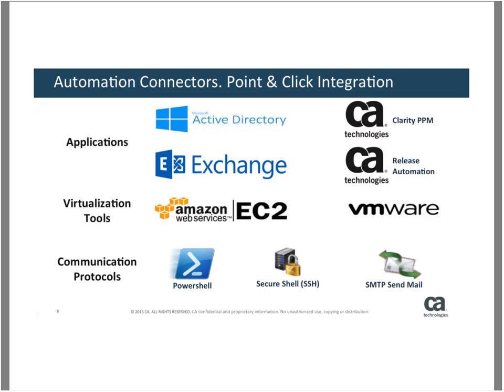Release automation can allow you to, from a change request, trigger a DevOps flow and implementation of a release. We have virtualization tools like Amazon and VMware, and then communication protocols like PowerShell and Secure Shell, which allow you to run commands on Windows or Unix or Linux servers.